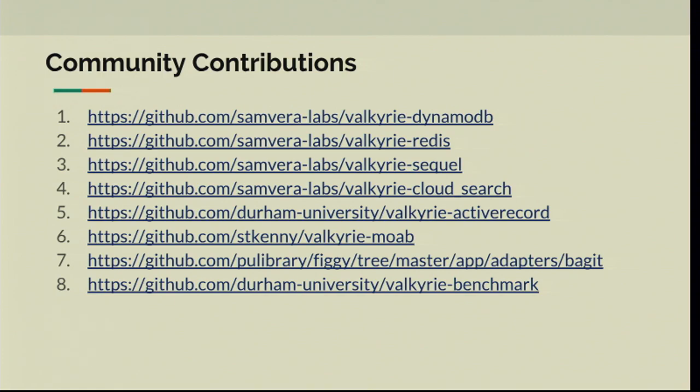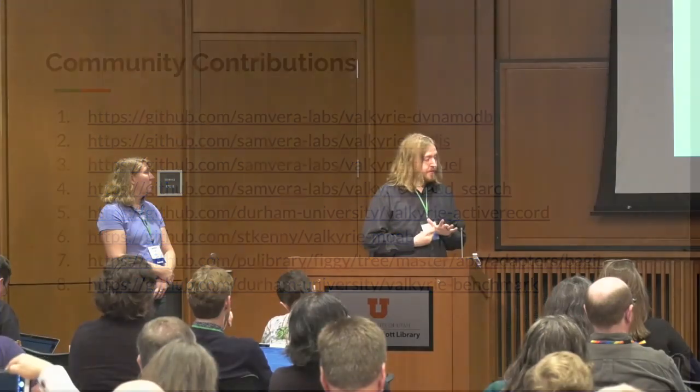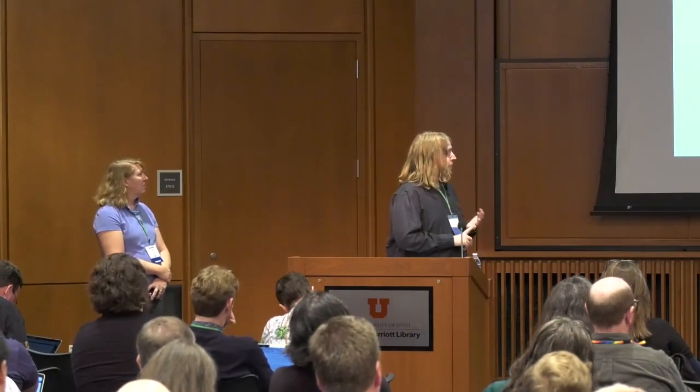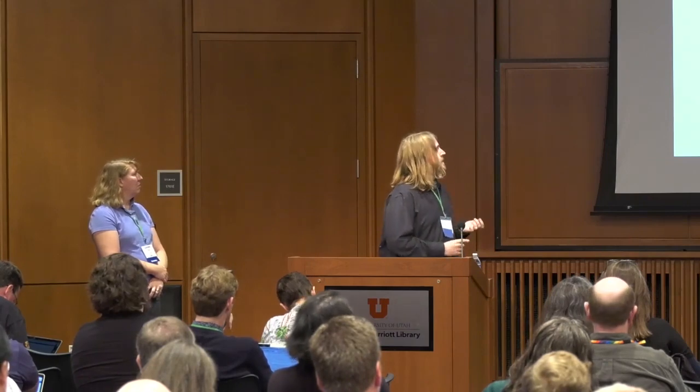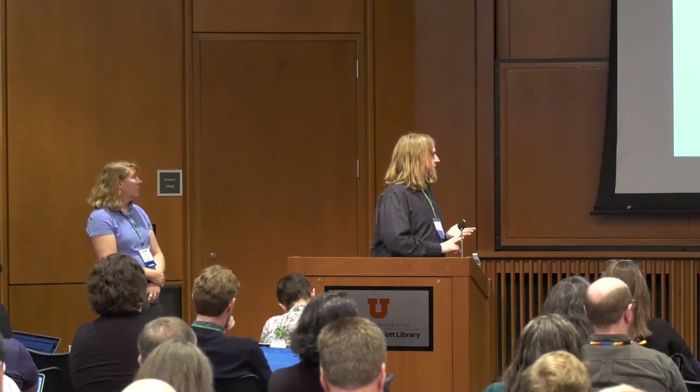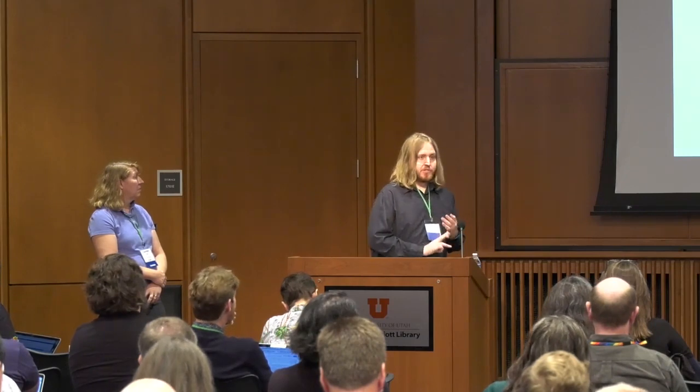Valkyrie Cloud Search, Valkyrie Active Record from Durham uses Active Record properly, so you could use MySQL or something like that with this adapter. Valkyrie Moab stores Moabs on disk. We have a backend adapter in our repository at Princeton for storing bags. And some great work has gone in from Durham to make a generic benchmarking tool to compare the performance of various adapters against one another.